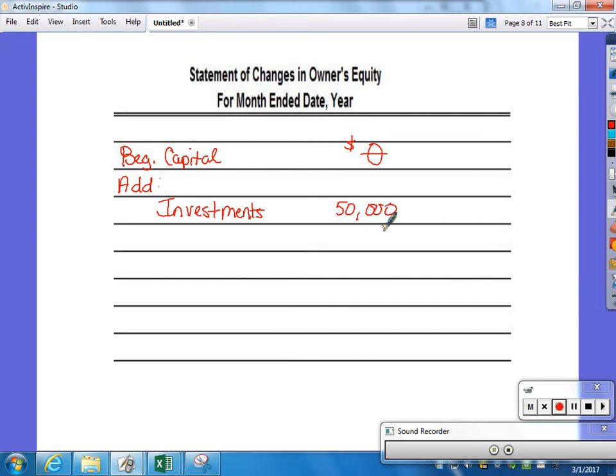What else do you add? Net income or net loss. How much is that? 2,197. So that should equal 52,197. Then you subtract out what? Withdrawals.